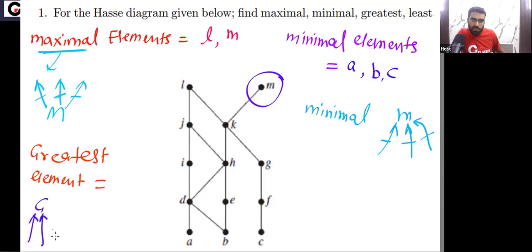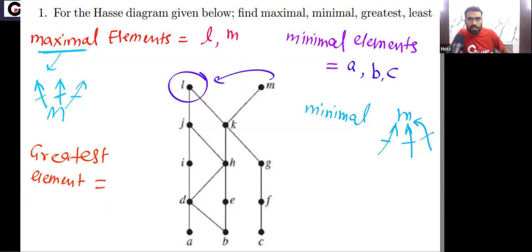Yes or no? But you can see L is not related to M. Similarly, this is not greatest because greatest says that everyone is related to me, but M is not related to L. So there is no greatest. I can say it does not exist.